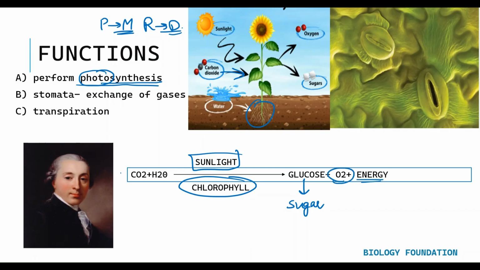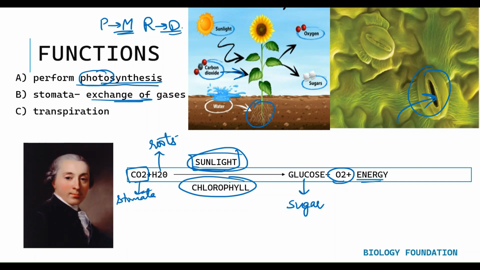Is it clear? So leaves take in carbon dioxide with the help of structures known as stomata. Stomata help in the exchange of gases, right? They take in this carbon dioxide using stomata, and water is taken up by the plants through the roots, and sunlight falls on the leaf blade.